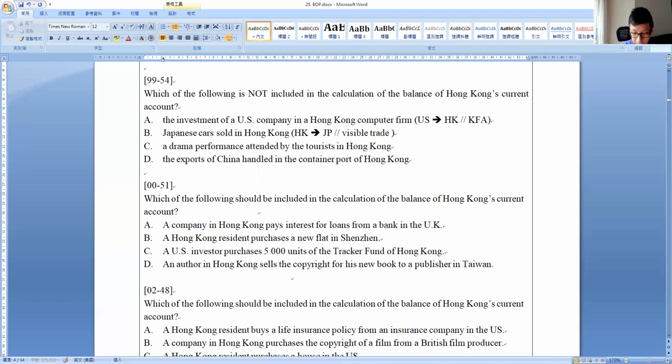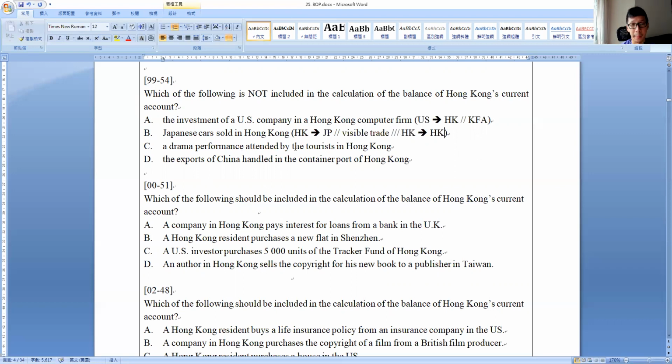But we also have another situation. What if the Japanese car is sold through a Hong Kong agent? Then it will be Hong Kong giving money to Hong Kong, and this would not be in the balance of payment. This is an old question. So in fact, this is a bad question. I'm not sure about B.